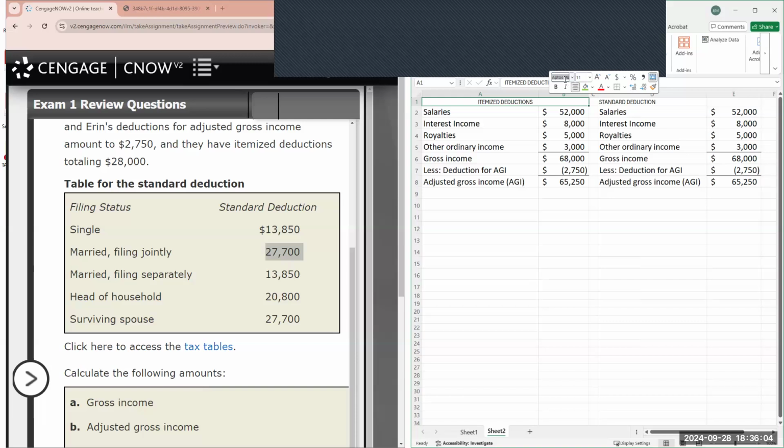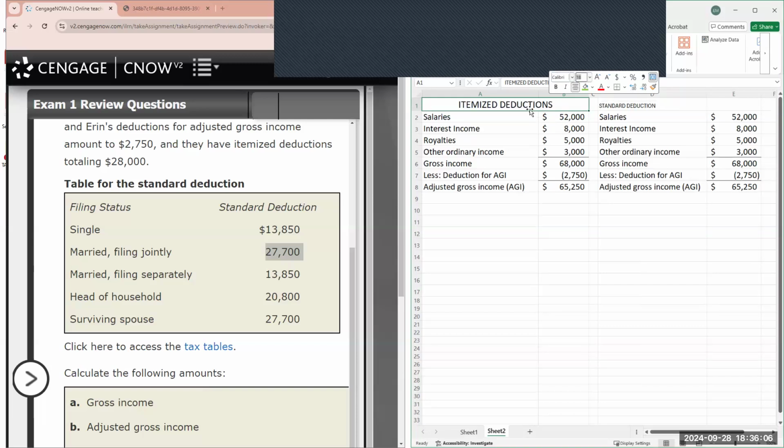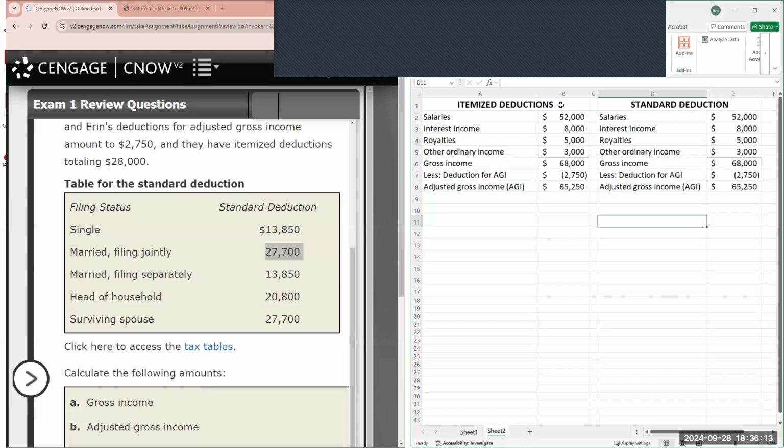And again, we are not considering those nuanced situations where the individual has to claim the same thing, like when they are married filing separate. All right, so in this case, itemized deductions total 28,000, married filing joint, and the standard deduction is 27,700. So in this case, itemized deductions is greater than the standard deduction.